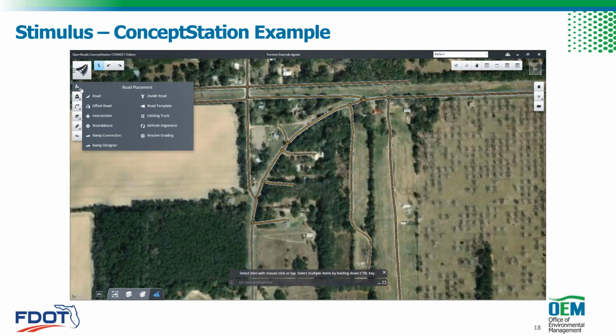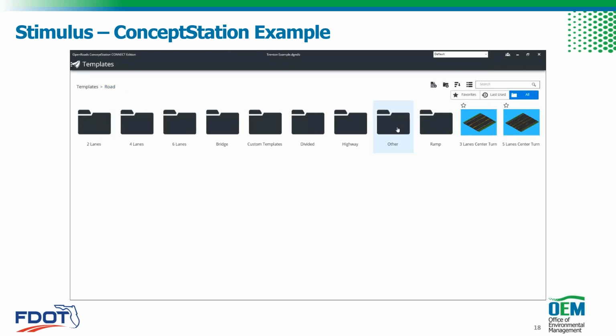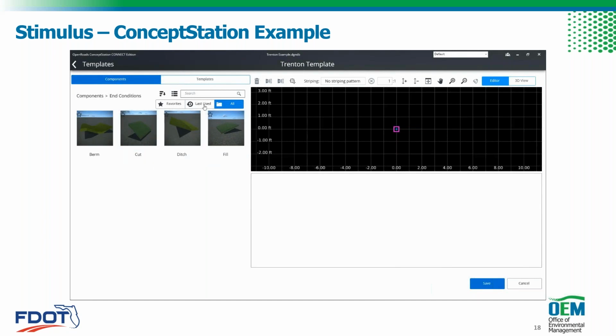The next thing we want to do is come in and take a look at building a template for it. Now, we have some other work going on to simplify this part, but I want to show you how you can build a custom template inside of here that meets your needs, okay? So I'm just putting in a name here, and you see we'll use a 40-foot divided median.